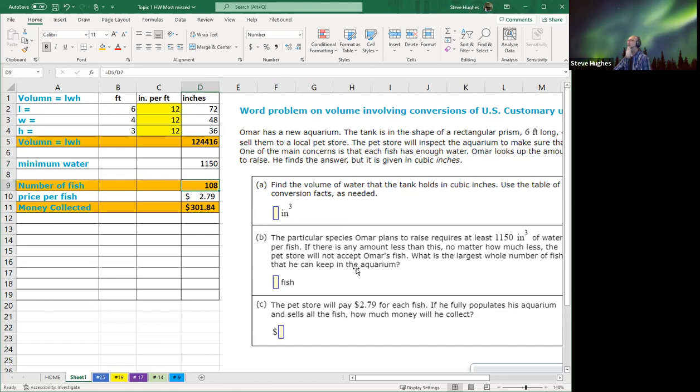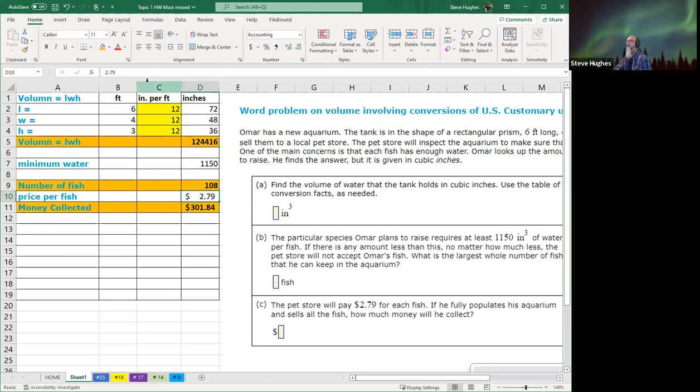Now I'm looking for the number of fish. Well, he has 124,000 cubic inches, and he can have 1,150 cubic inches per fish. So I divided D5 by D7, and that tells me he can raise 108 fish maximum in that particular tank.